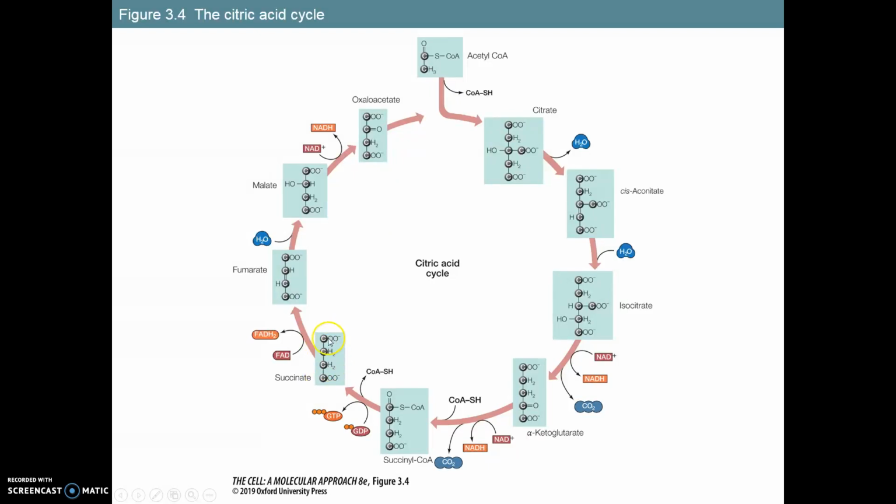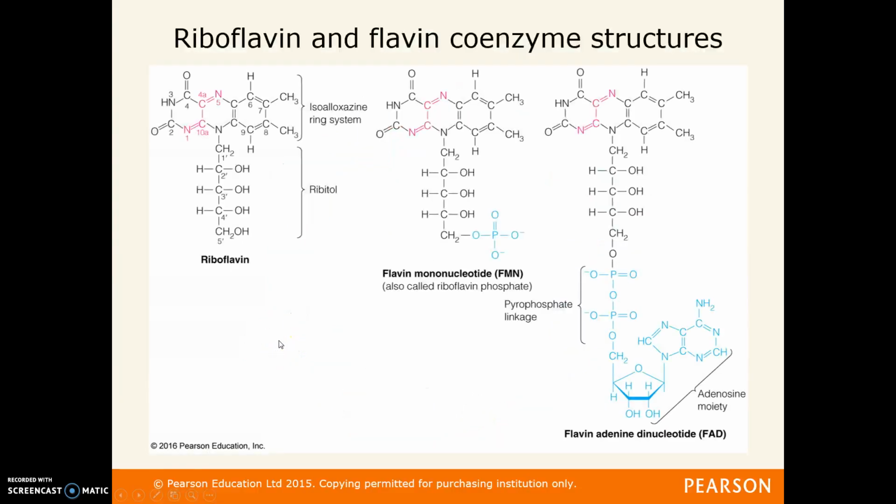The succinate compound is then stripped of a couple more electrons. This time, however, we are going to use something that we haven't seen before, and this is a compound that we call FAD. This is another example of a coenzyme molecule like NAD in that it can capture electrons, but it's slightly different in structure. So let's stop and examine that briefly.